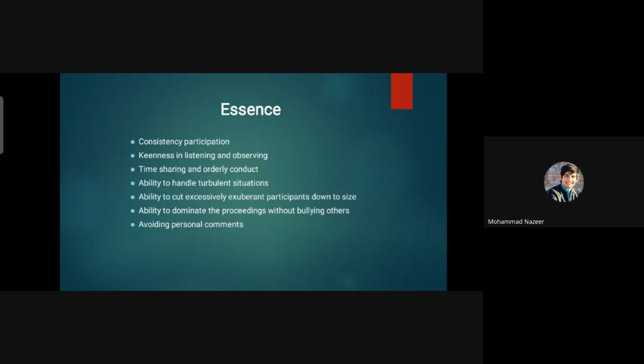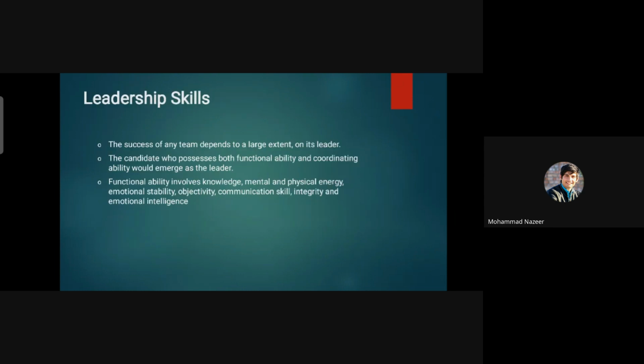That is also not required. Sometimes in a group discussion we add on our personal comments. We have to note that we are not supposed to add our own personal comments. It is also a time-bound exercise, so we should be very comprehensive.